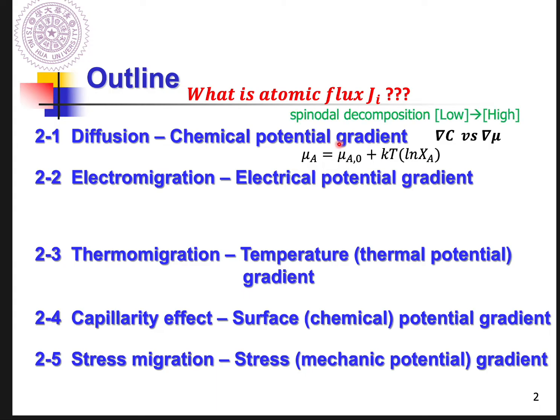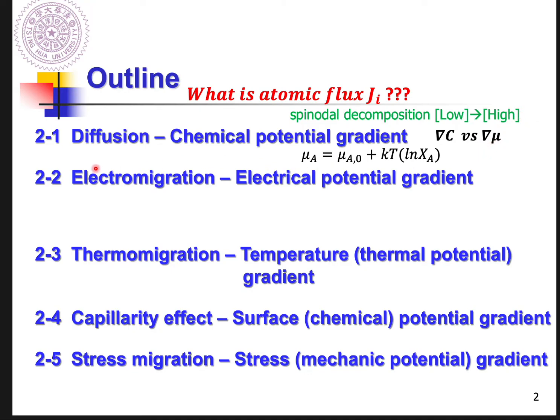I also want to explain why the driving force is not the concentration gradient. As you know, in spinodal decomposition, the atoms move from low concentration toward high concentration. But from the energy point of view, the atoms move from high potential energy toward low potential energy, also to minimize the free energy of a system.